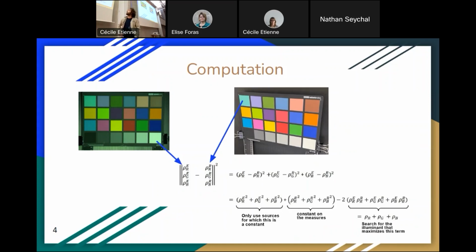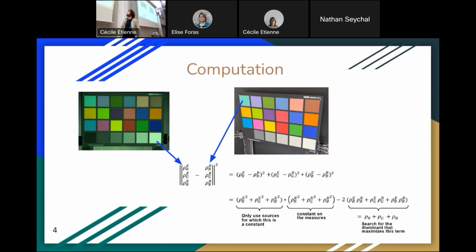And for this project, we make the hypothesis that we have sources with the same energy, so with the same norm for their RGB values. With this hypothesis, we can write the source output, so what we will get on our camera, the RGB values, as the product of these 2 terms here. And when we develop this norm, we get this expression.